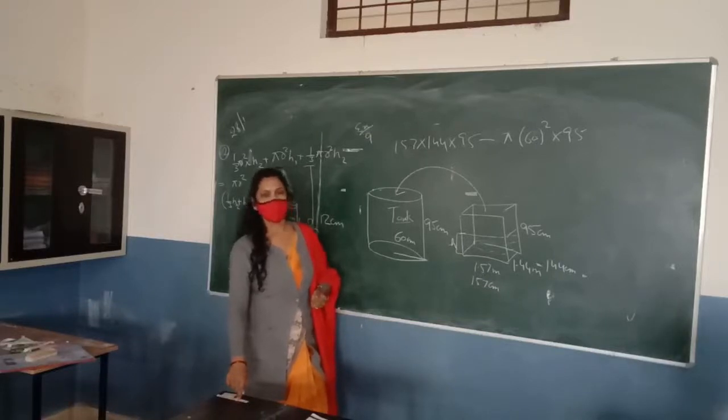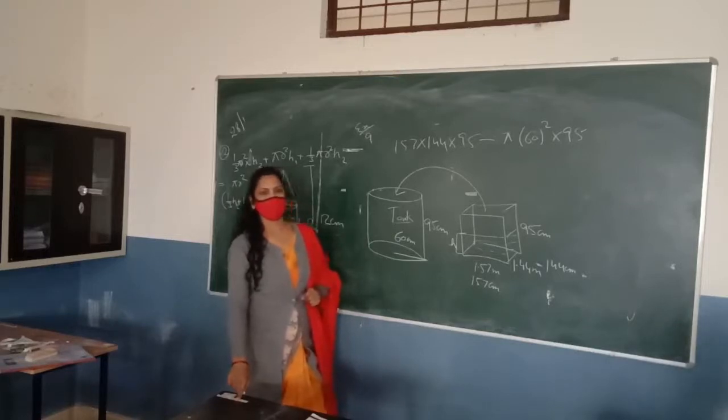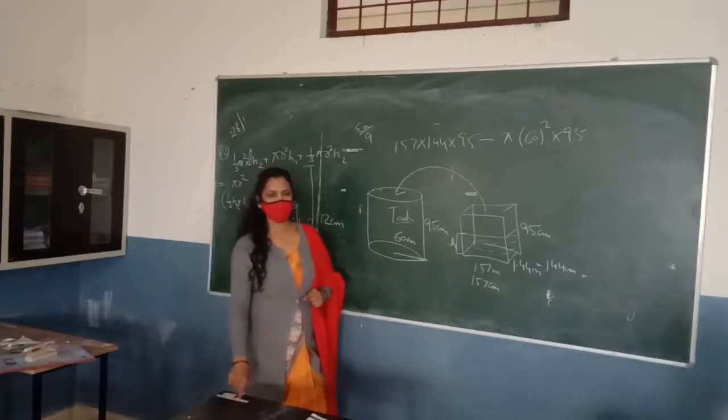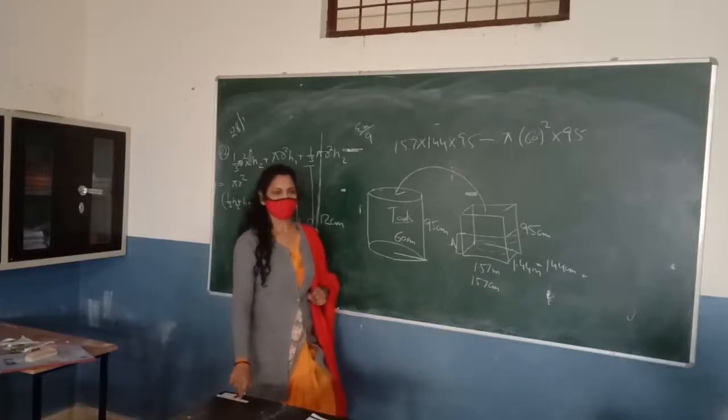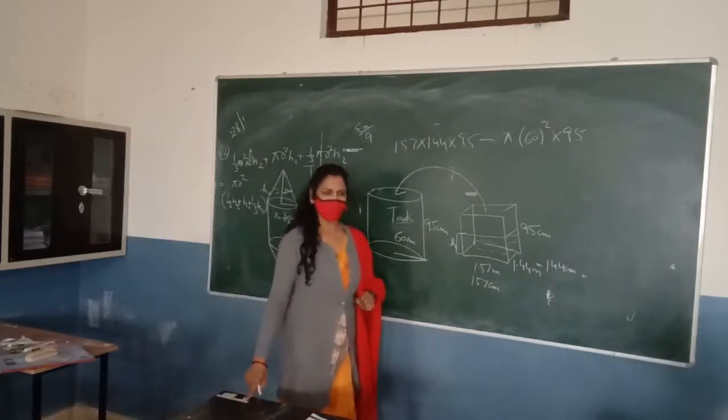Ananya, what should be the formula of the height of cuboid? L into B is the area. What should be the formula of the height of the cuboid? It's really simple. Nitin? Left water. हाँ. Volume of left water in sump upon area.